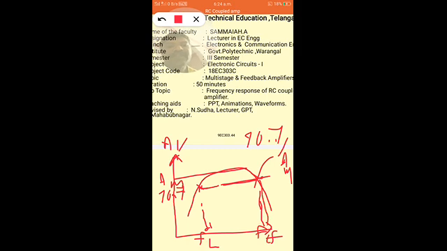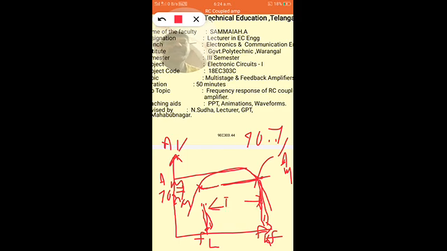This point corresponds to the high frequency region where the gain falls to 70.7% of the maximum value. It is called the upper cutoff frequency FH, and this point in the low frequency region where the gain falls to 70.7% of A max is known as the lower cutoff frequency FL. So this is called the bandwidth.